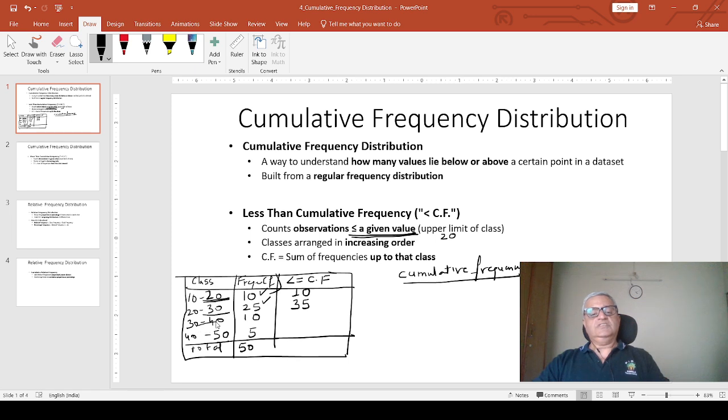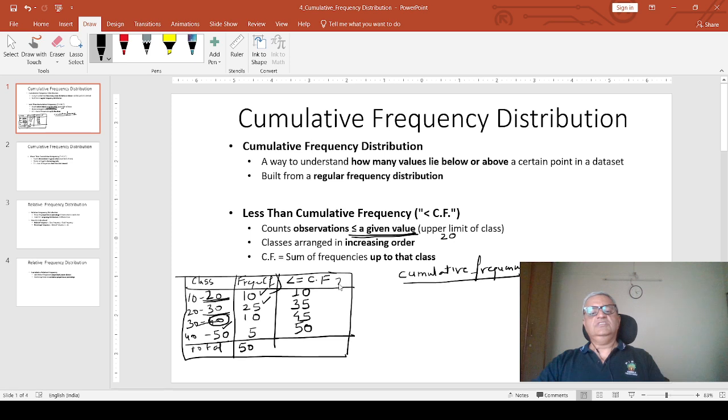For the third class, less than or equal to 40 is 35 from the previous 2 classes plus 10 from this class, that gives me 45. And for the last class, less than or equal to 50 is nothing but 50 data points.